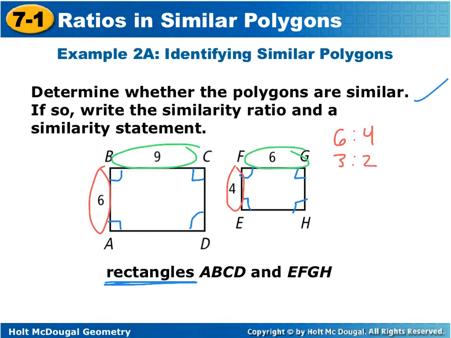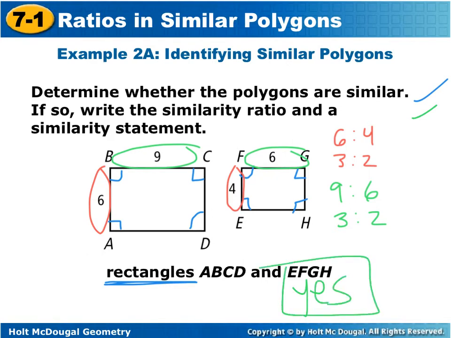Now let's set up a ratio of 9 to 6. What does this simplify to? 3 to 2. Do they have the same proportion? Yes. So are these similar? Yes, they're similar.